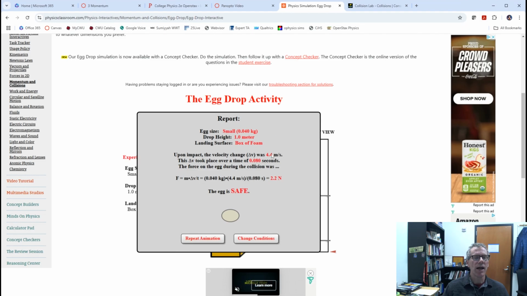So again, the change in velocity is 4.4 meters per second, but now the collision took twice as long as with just the foam, like the sponge or whatever it was. So the force was half as great.